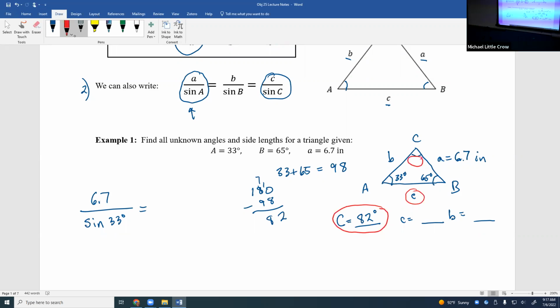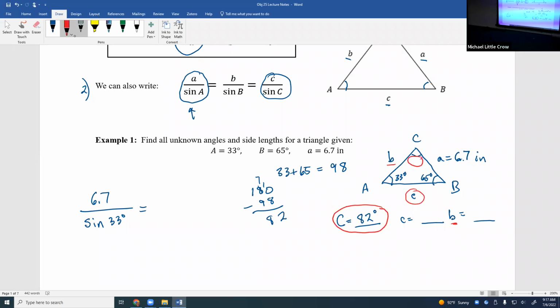Okay, so personally, what I'm going to do is solve for b first, because they gave me the angle of 65. So I've got one unknown here. They gave this to me. I'm just always careful about using information that came from a calculation that I previously did.